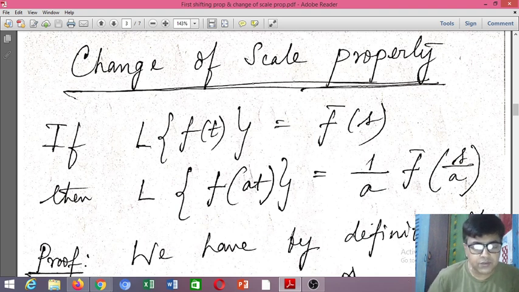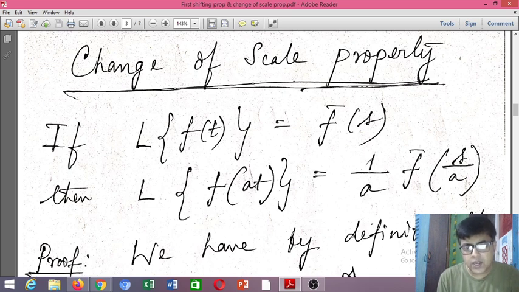The statement says that if the Laplace transform of f(t) is equal to f bar(s), then the Laplace transform of f(at), that means you are multiplying the variable t with a, not multiplying the function with a, will be 1 by a into f bar(s by a).